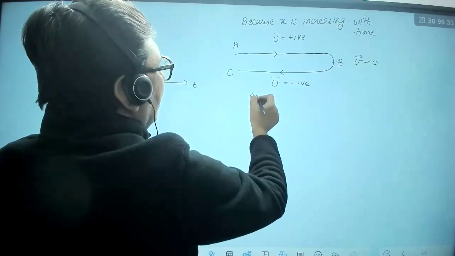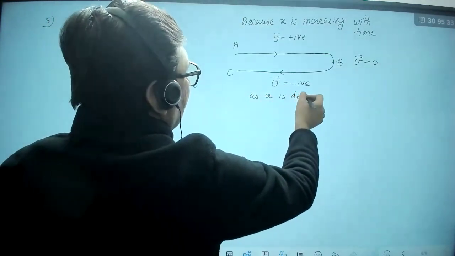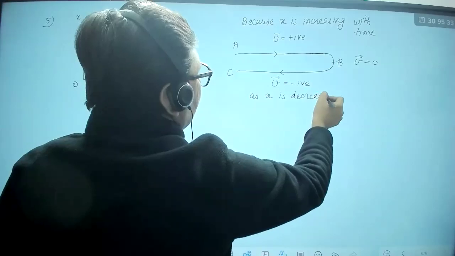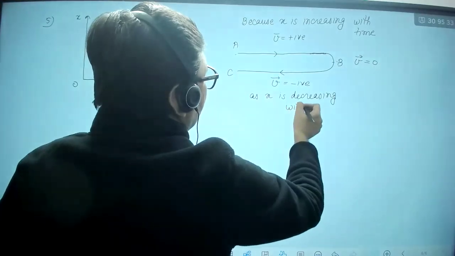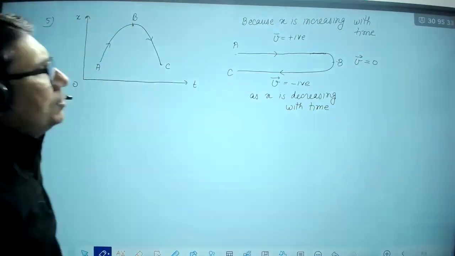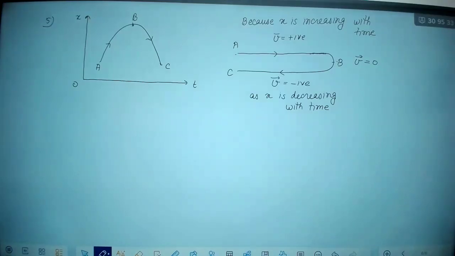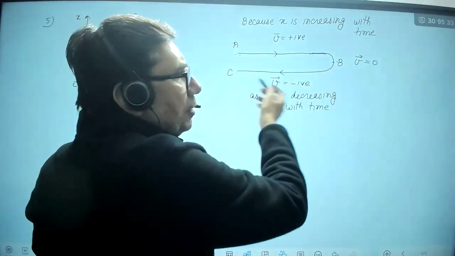As x is decreasing with time, velocity is negative. So try to understand: velocity was positive, it becomes 0 and then negative.